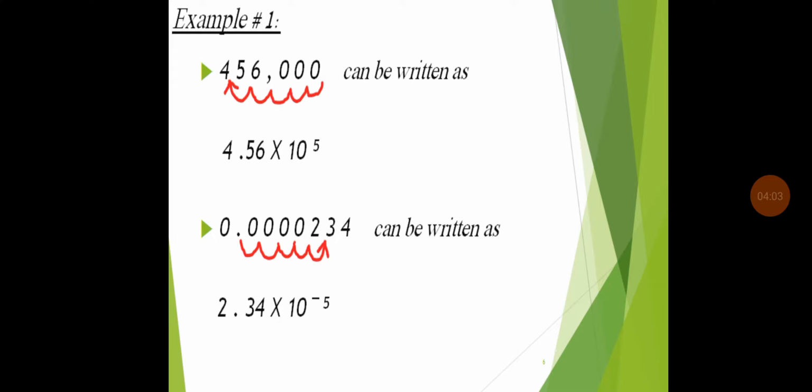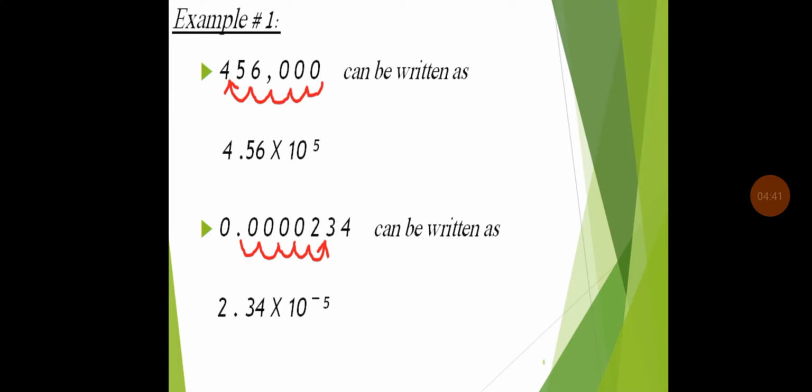So when we talk about this greater number, we move from right to left. Here we count 1, 2, 3, 4, and 5. The decimal always shifts after the first non-zero digit. So 4 is the first non-zero digit, and the decimal is put after 4, so it will be 4.56 into 10 raised to power 5.